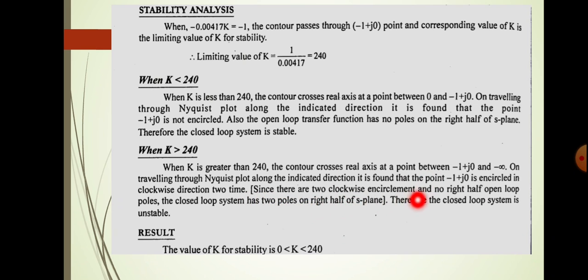Since there are 2 clockwise encirclements and no right half open loop poles, and the closed loop system has poles on the right half of the S-plane, the system will be unstable. So the system will be stable between the points 0 and 240.